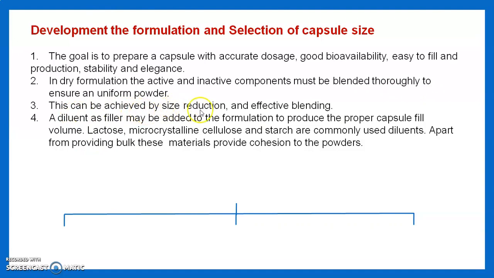This can be achieved by size reduction and effective blending. A diluent as a filler may be added to the formulation to produce a proper capsule fill volume. Lactose, microcrystalline cellulose and starch are commonly used as diluents. Apart from providing bulk, these materials provide cohesion to the powders.